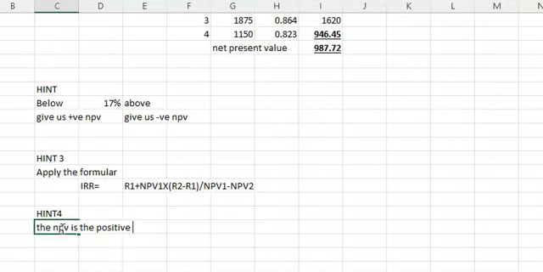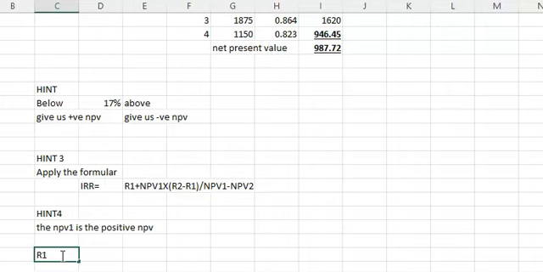Regardless, if you find the positive NPV, that is NPV1. Whether I found it at the second step, the NPV1 should be positive. The positive one is the NPV1.